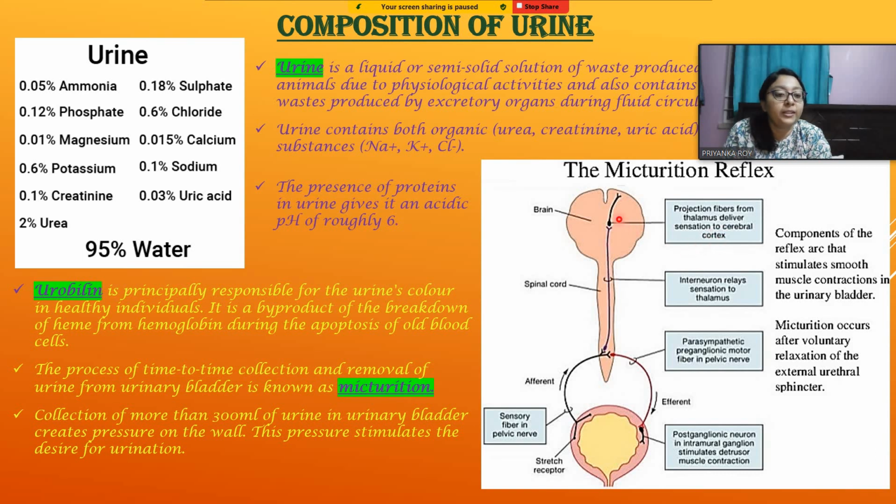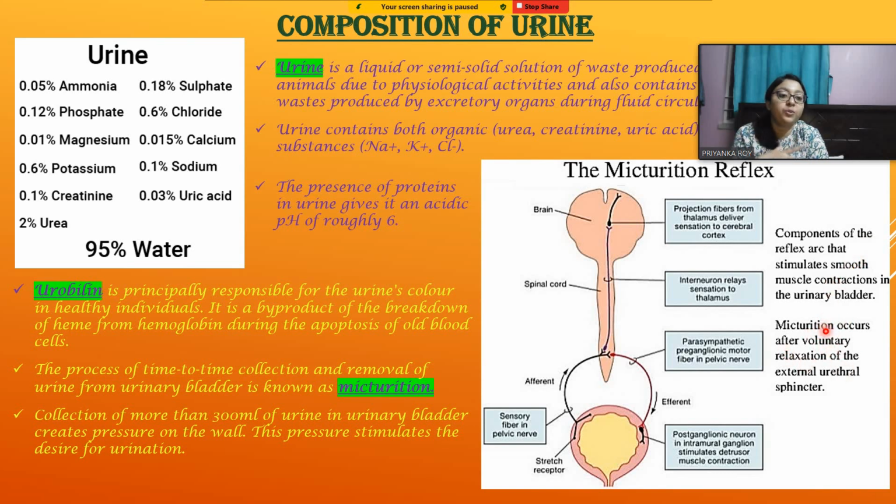Then the interneuron comes back with an efferent message, and this message is transferred to the bladder, stimulating the contraction of the muscle. When it triggers the contraction of the muscle of the urinary bladder, the urine is released by urination.